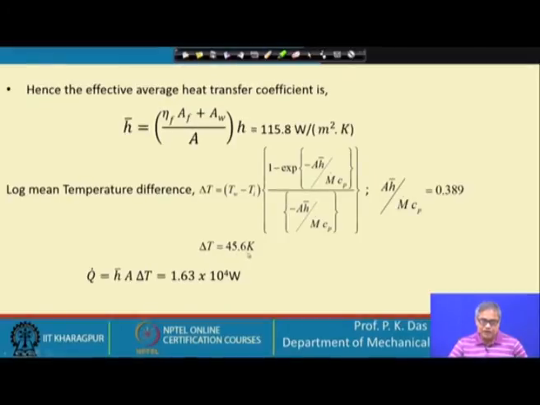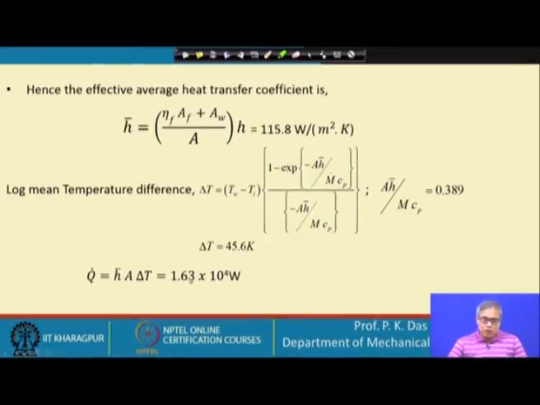Delta T is 45.6 K. What is this delta T? This is the delta T experienced by air which is passing outside the condenser coil. So, now your Q dot is equal to h A delta T, that is this amount of heat transfer. So, total amount of heat transfer we are getting from this formula.